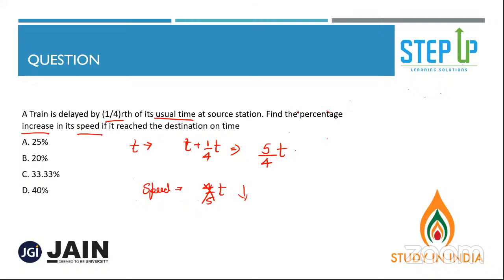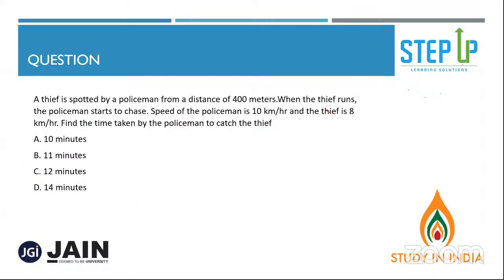If the time has been increased, it means that speed has been reduced. So that's correct, 4/5 of the time. But why are they saying find the percentage increase in its speed if it reached destination on time? Okay, people, I'll get back to you on this. Fine, try this one.